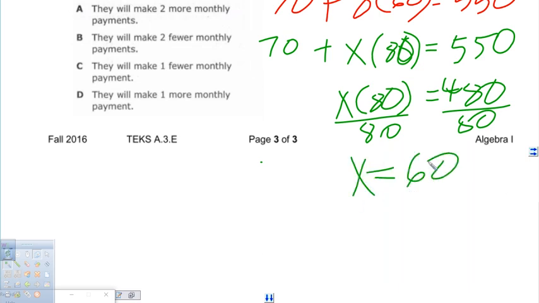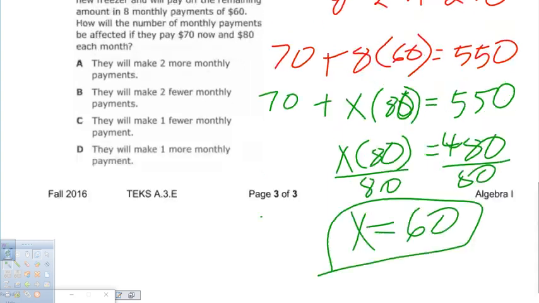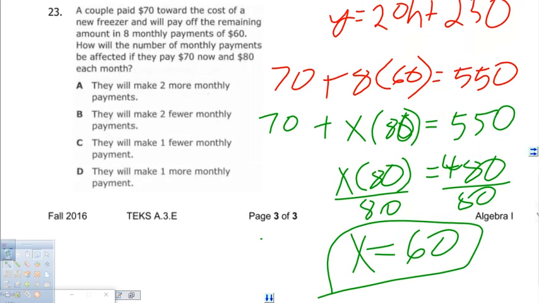Now we get x equals 6. It's only going to take 6 months now, as opposed to 8 months. So it's going to take 2 fewer months to pay it off. And there we have it.